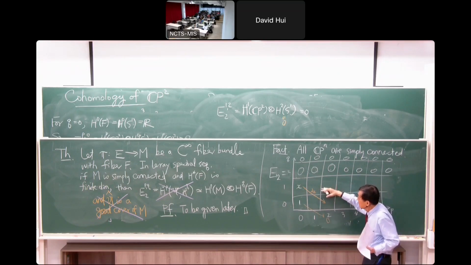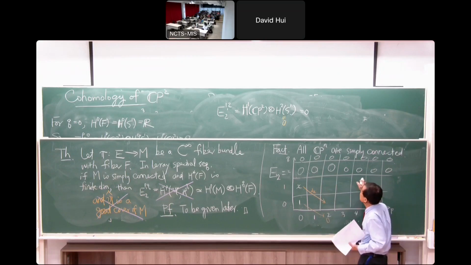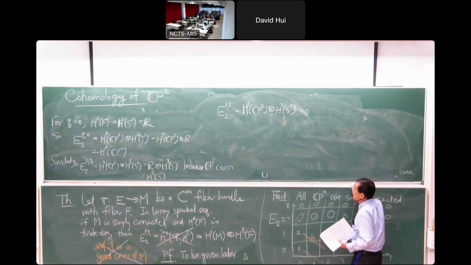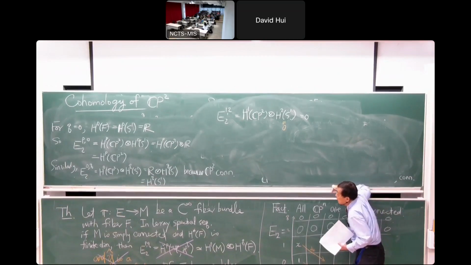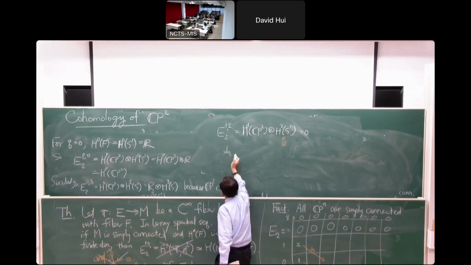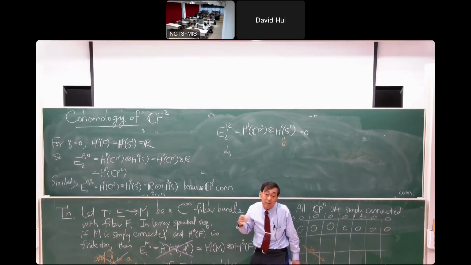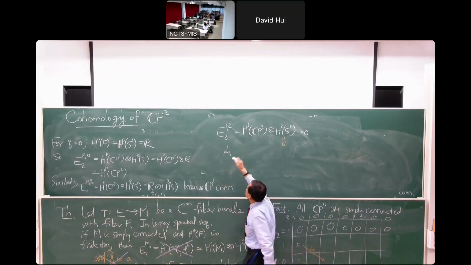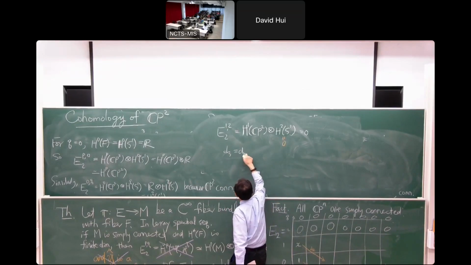But if you go down 2, you'll go into the negative region, okay? So we know that D3 will be 0. D4 will be even more 0 because it goes down 3, okay? So D3, D4, D5, and so on.